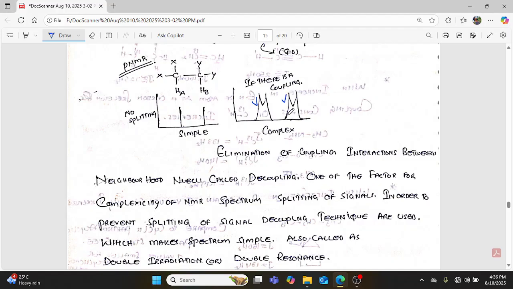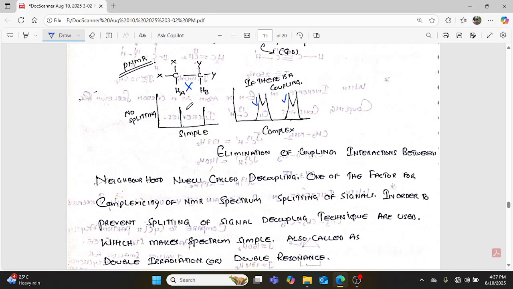Because of the spin-spin coupling, the complexity of the spectra increases. In order to reduce the complexity, we need to include the concept of decoupling. Decoupling means elimination of the coupling interaction between the adjacent protons.